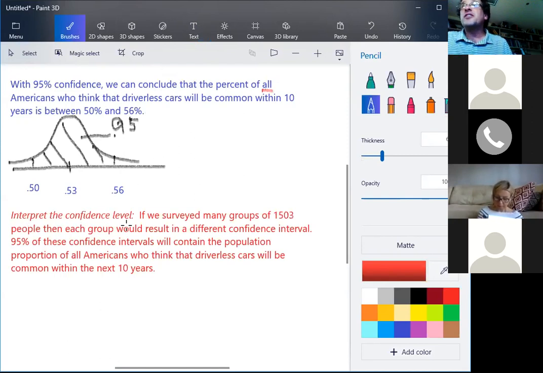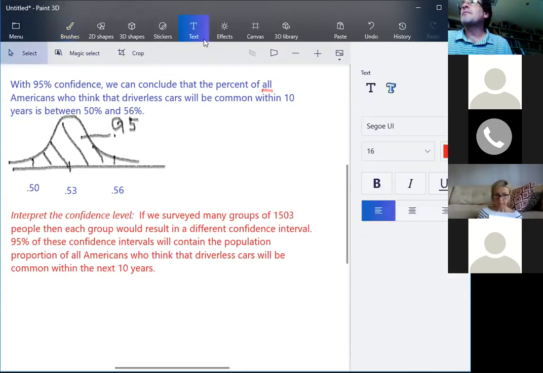So notice this is interpreting the confidence level in red. In blue, it's interpret the confidence interval. Let me write that down. It would be a question. There are different ways of wording it, but I just want to get you ready.